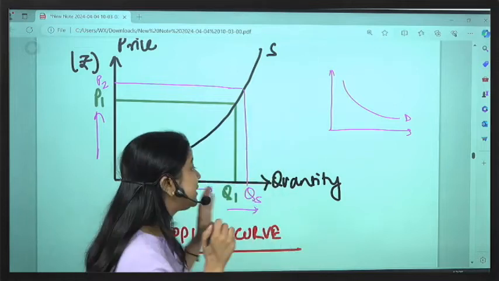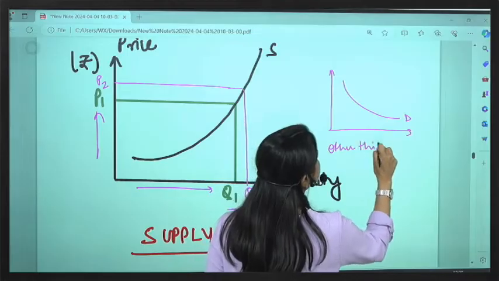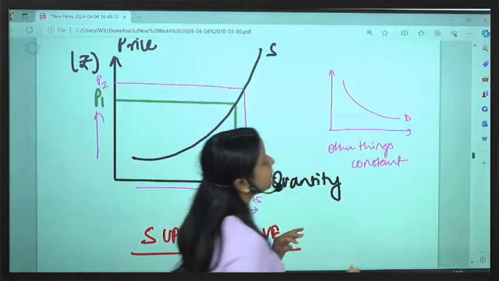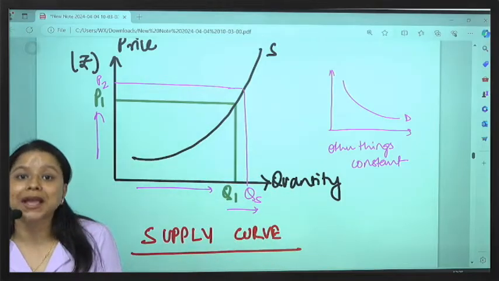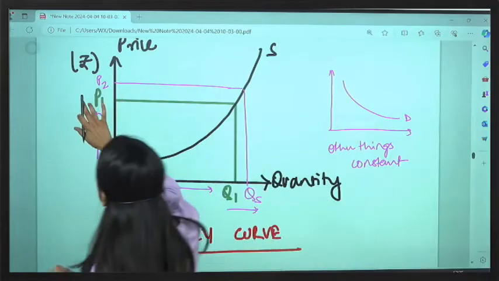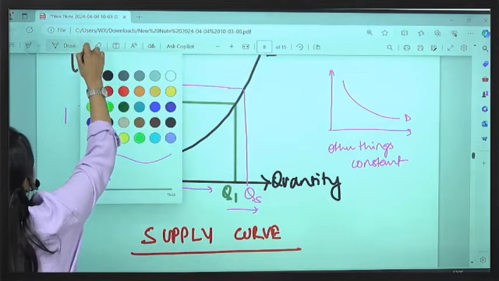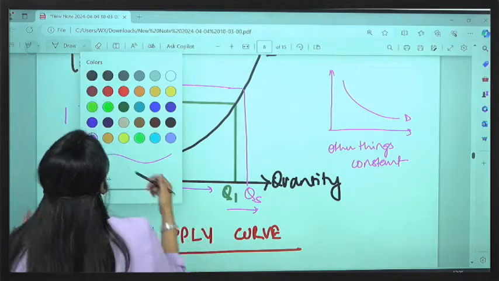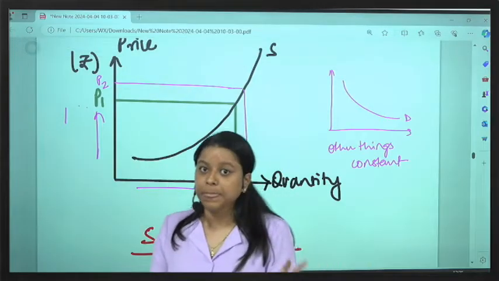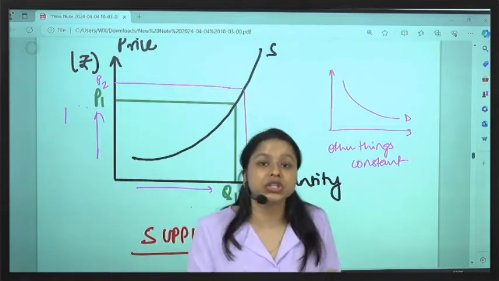And when I say increase in price, I'm saying other things are constant. Always remember, when we are talking about the law of demand and law of supply, we are only changing the price of our own commodity, and there is no change whatsoever in any other goods. So if you are thinking, okay, the price is increasing, but then there are changes in the other stuff as well, no. When we are talking about the law of demand and law of supply, we are only talking about the change in its own price.